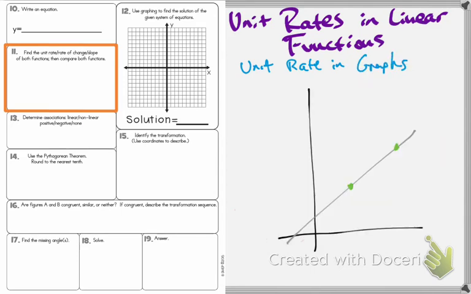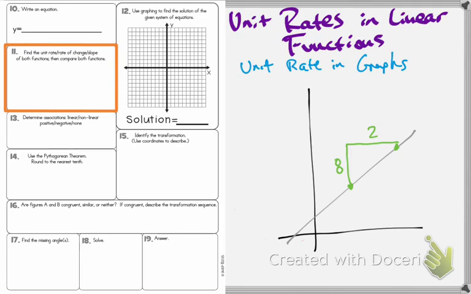If I'm looking for a unit rate in a graph, if I was given a graph, I'm going to do some work that we've done before, and that is create a growth triangle that's showing the rate of change, or the slope of the graph.